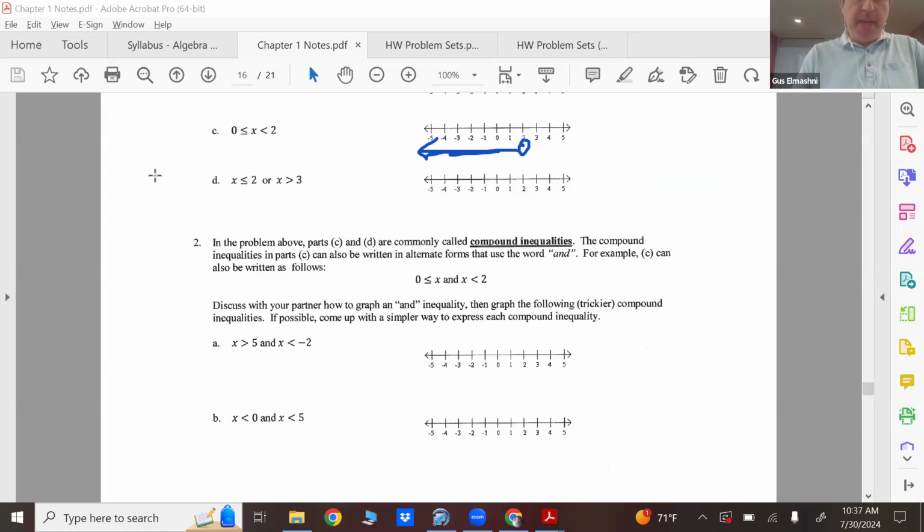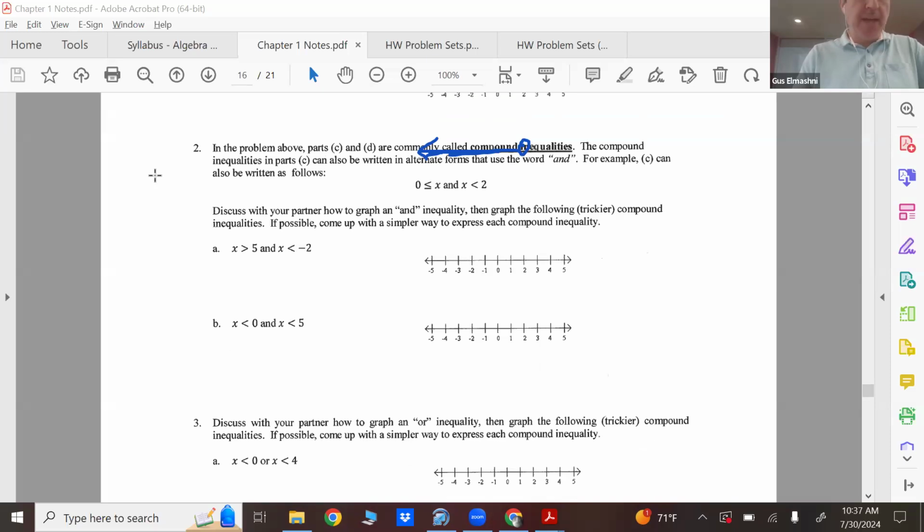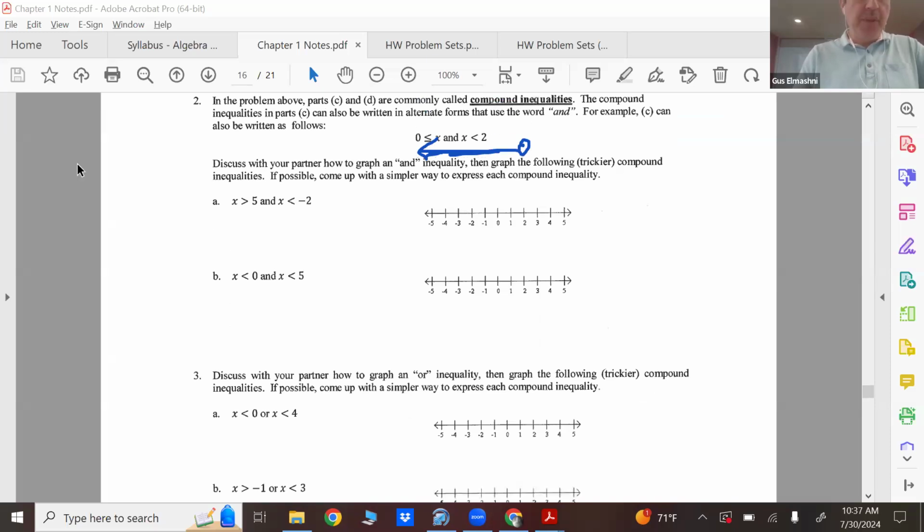C is an example of an "and" situation because you're simultaneously greater than or equal to 0 and less than 2. If I look at example 2, part A, we're simultaneously less than -2 and greater than 5. Actually, that can't happen. This is impossible, because you can't simultaneously be less than -2 and greater than 5.